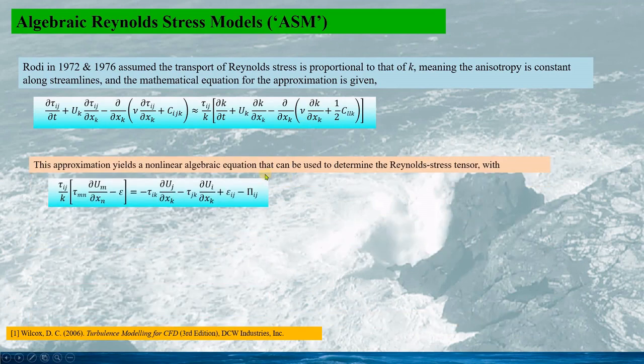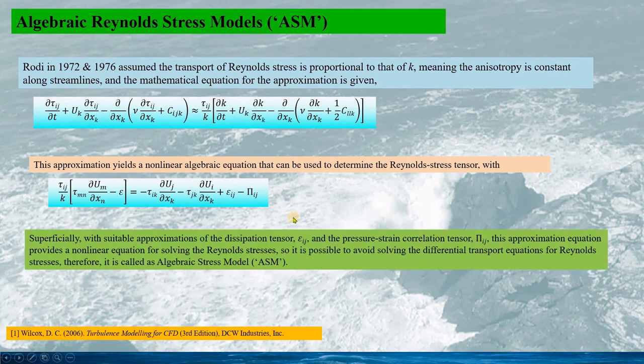Such an approximation would lead to a nonlinear algebraic equation for calculating the Reynolds stresses tau ij. Superficially, with suitable approximations to the dissipation rate epsilon ij and the pressure strain correlation capital pi ij, this nonlinear equation can be used for solving the Reynolds stresses.